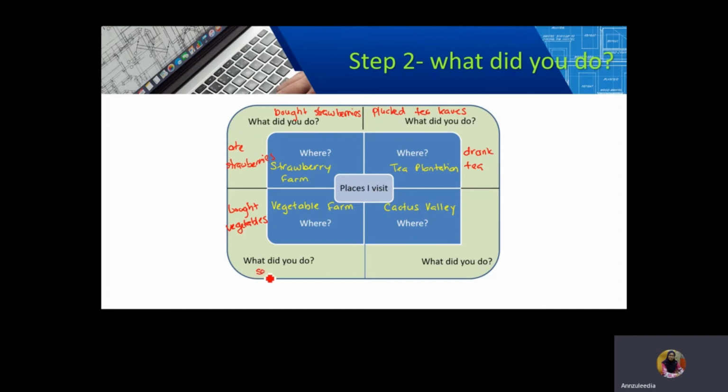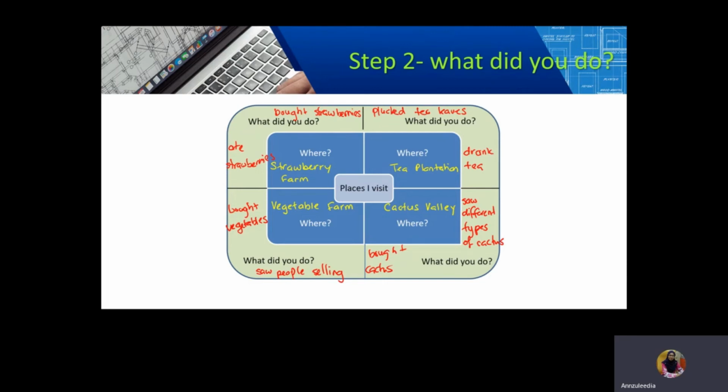You saw people selling stuff, for example. Okay, at Cactus Valley, what did you do? Maybe I saw different types of cactus or cacti. Okay, maybe I bought some cactus. Okay, all right. So we have answered the question.